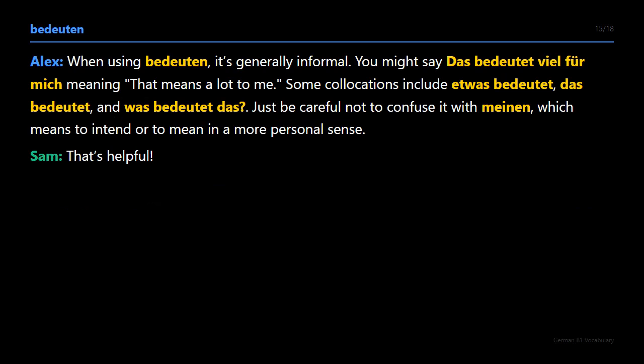Some collocations include Etwas bedeutet, Das bedeutet, and Was bedeutet das? Just be careful not to confuse it with meinen, which means to intend or to mean in a more personal sense.